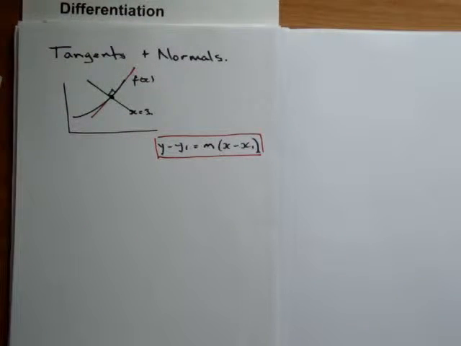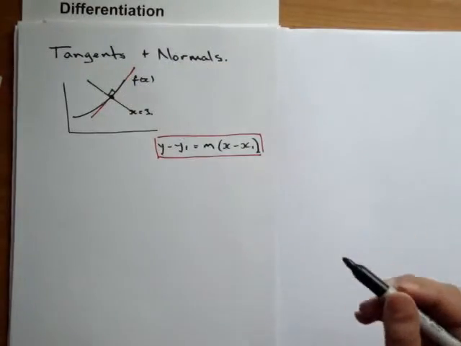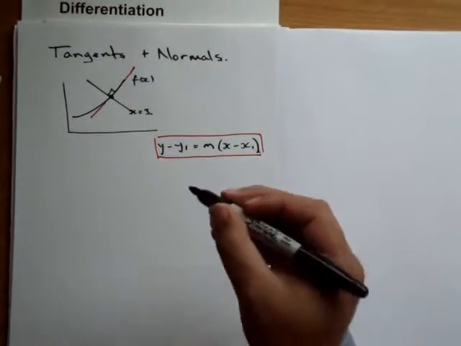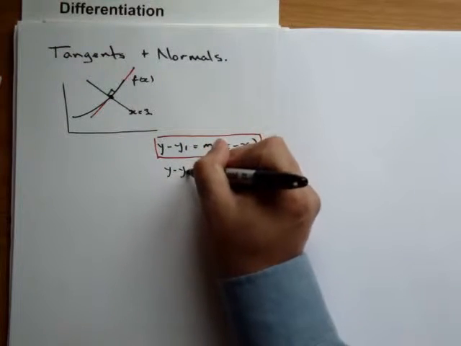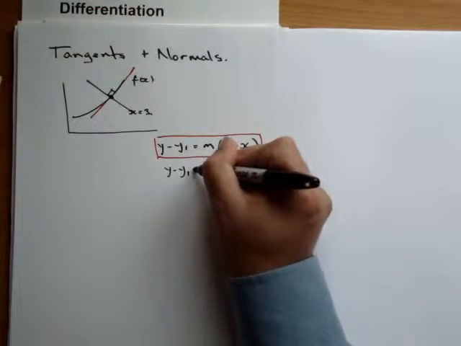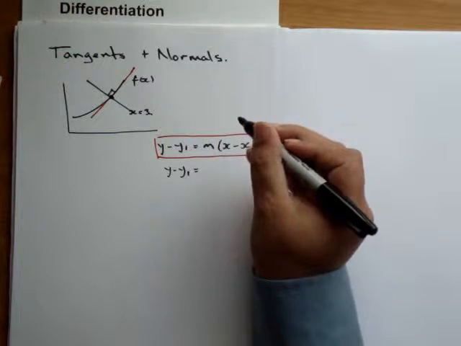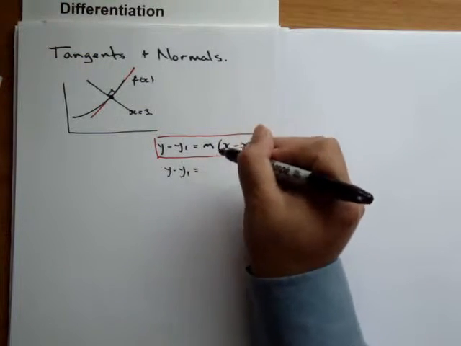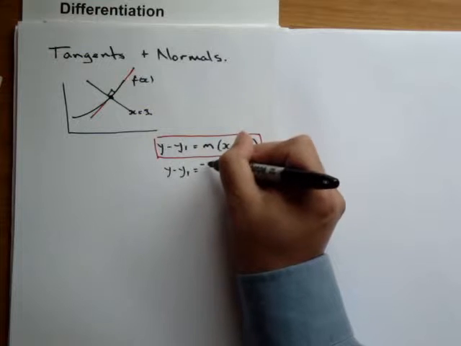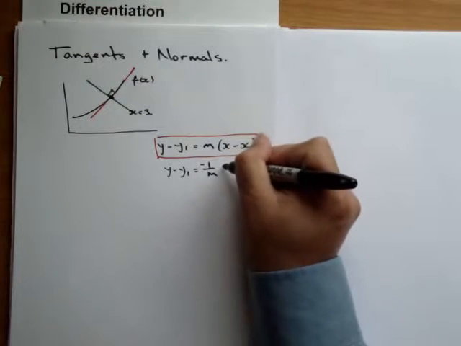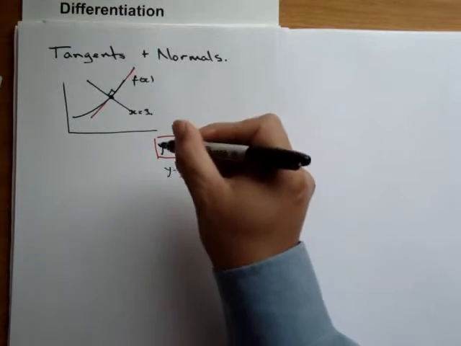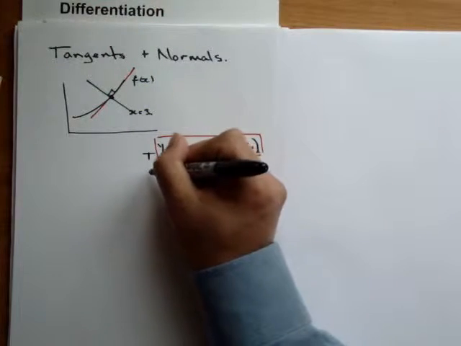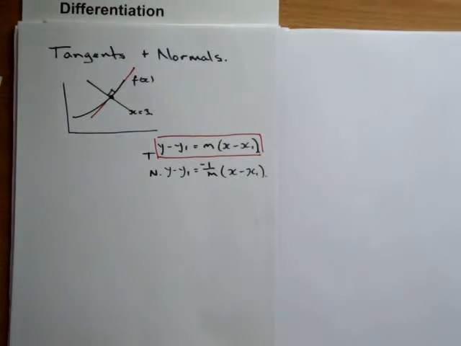The normal, which is at 90 degrees to the tangent, is simply the same y minus y1 equals m, but in this case m is the negative reciprocal, so it would be minus 1 over m, times x minus x1. So this is for the tangent and this is for the normal.